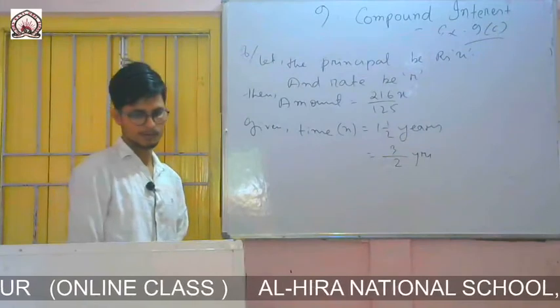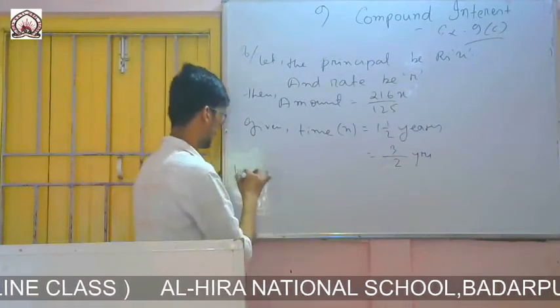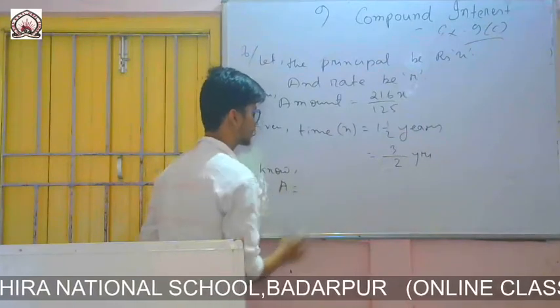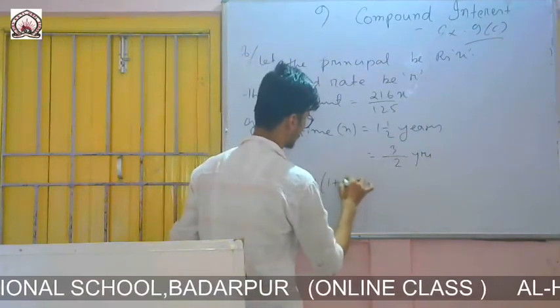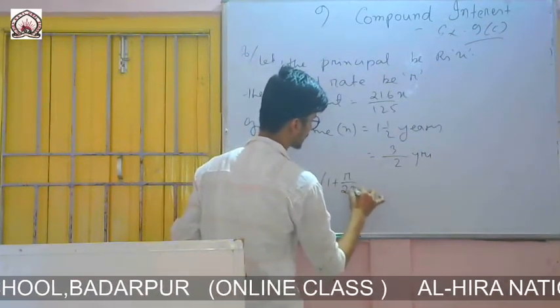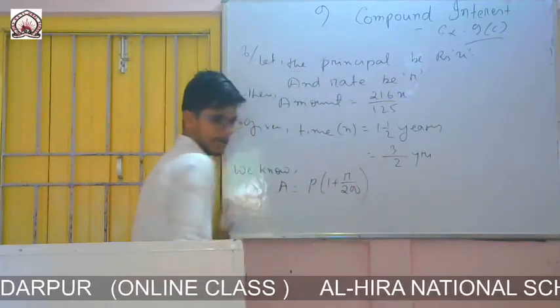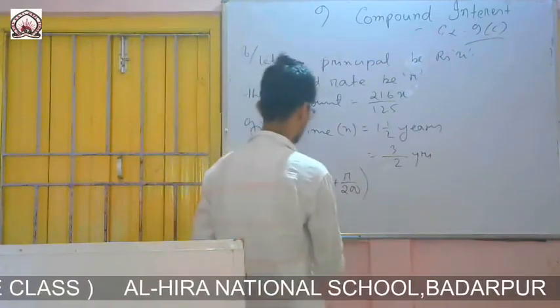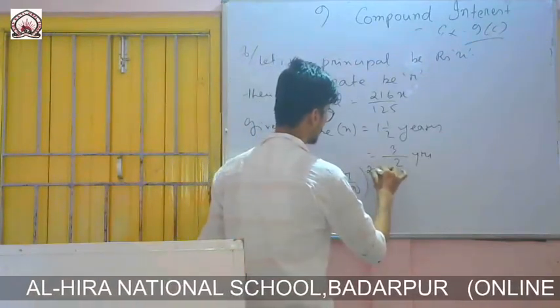So now we'll use the formula. We know amount equals to P into 1 plus R by 200, because it is compounded half yearly. Amount equals to P into 1 plus R by 200 to the power twice n.